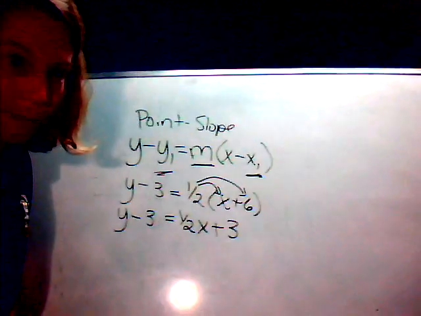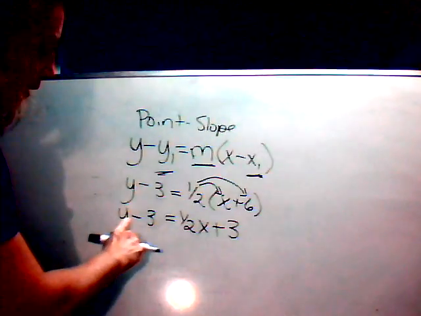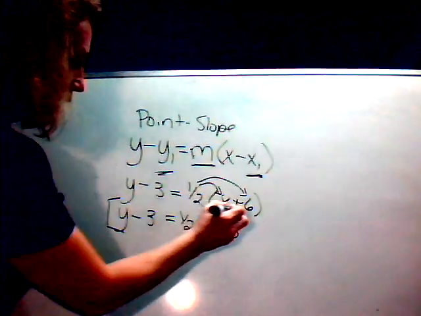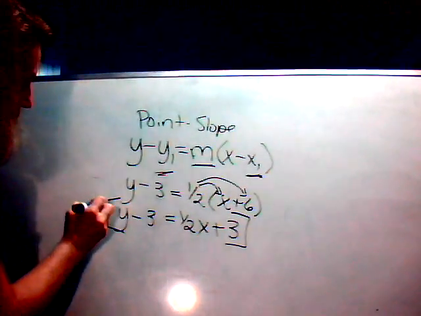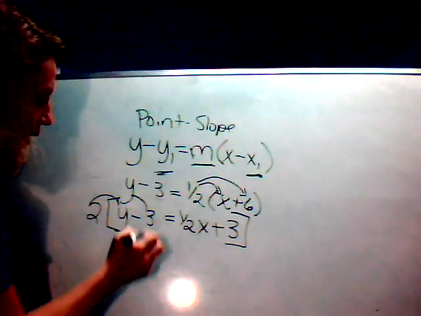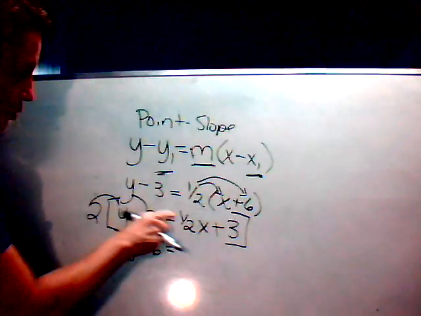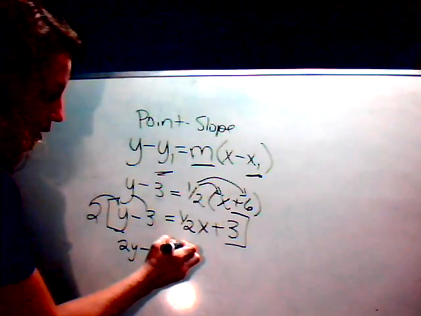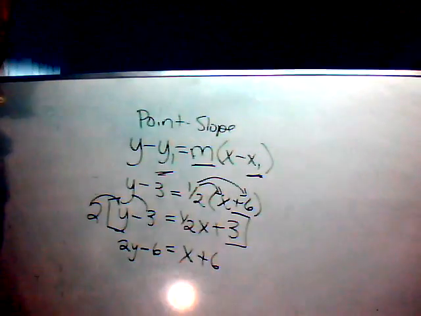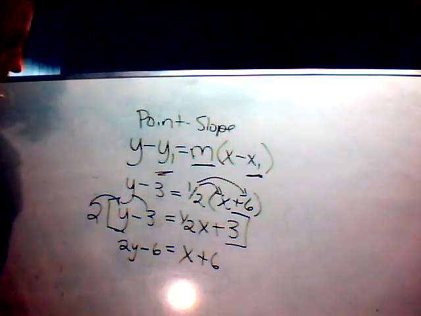Now I like to get rid of my fractions. Since my denominator is 2, I'm going to multiply every single term in the whole equation by 2 to clear it out. So I'm going to put a bracket around there and a 2. So 2y minus 6, distributing all the way across, equals 2 times 1/2, which is 1, so 1x plus 6. All I did was distribute. Now let's collect everything together.